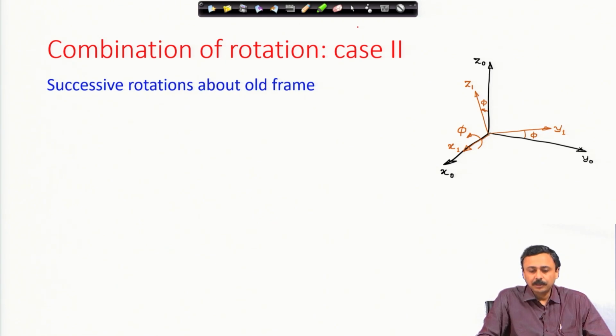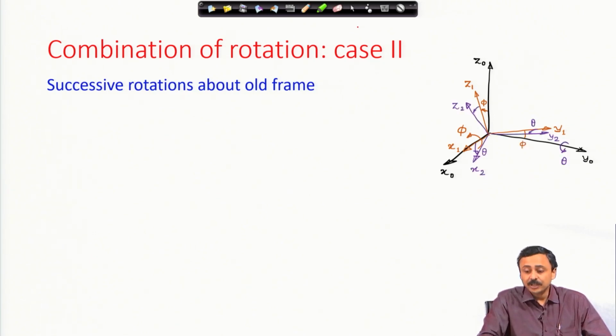Now, we look at a second case of combination of rotation. What happens if I give successive rotations about our old frame x 0 y 0 z 0? Let us say the brown frame was initially coincident with the black frame. I gave a first rotation about x 0, which is angle phi.